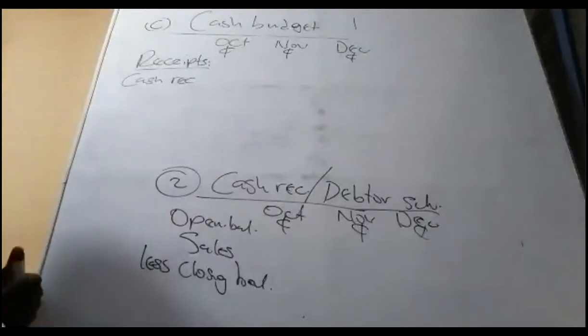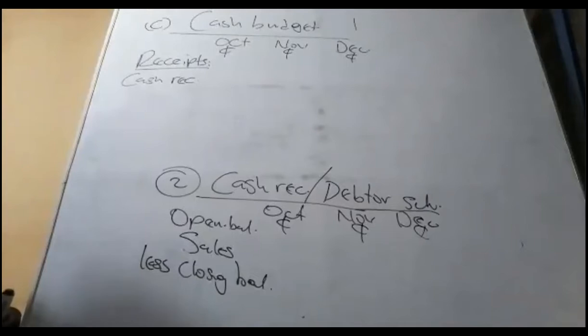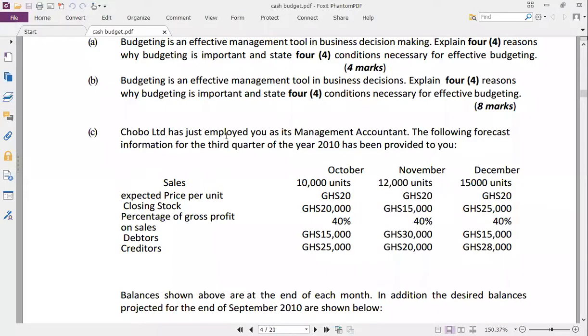With the receivable or debtors balances, we had debtors 15,000, 30,000, and 15,000. That is it.